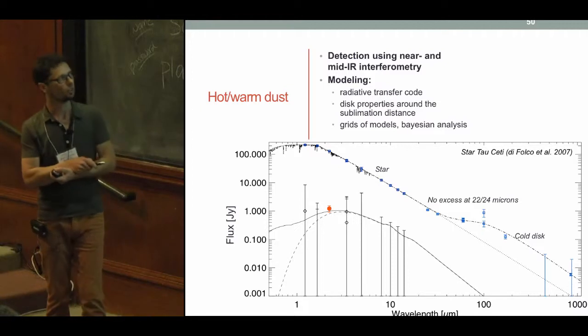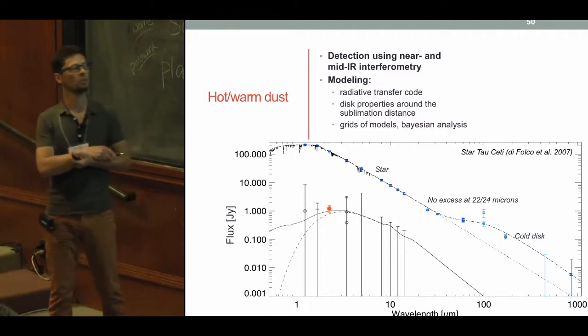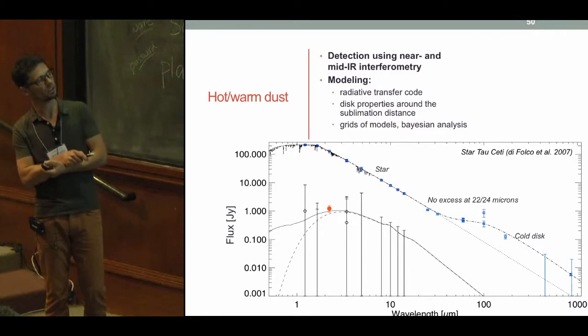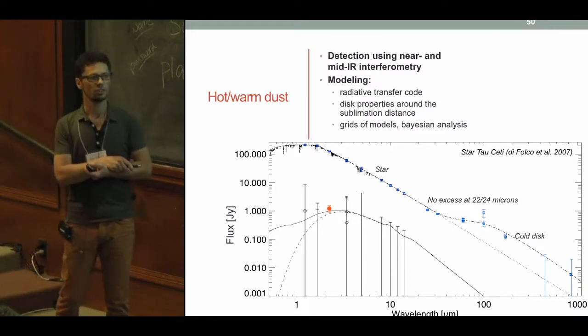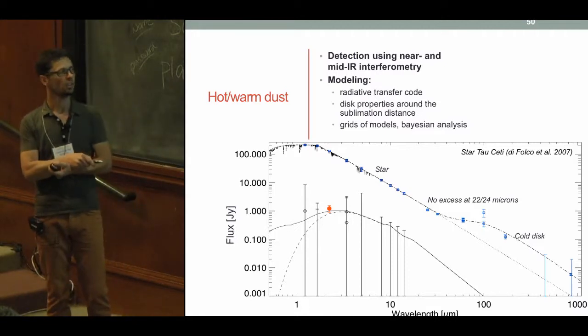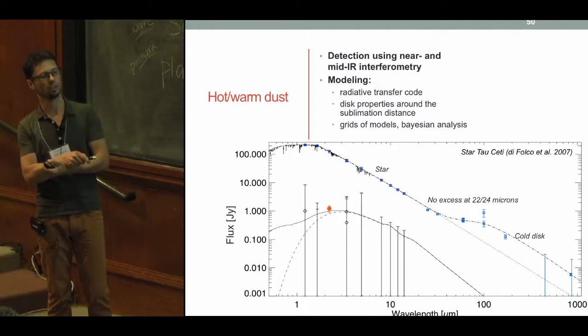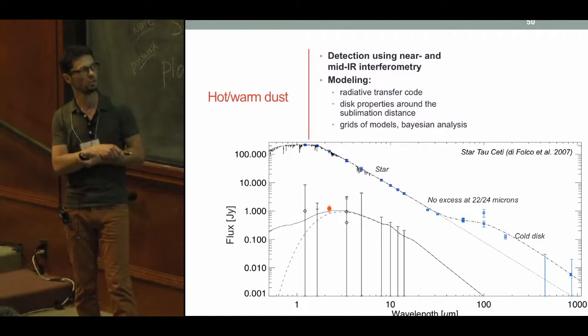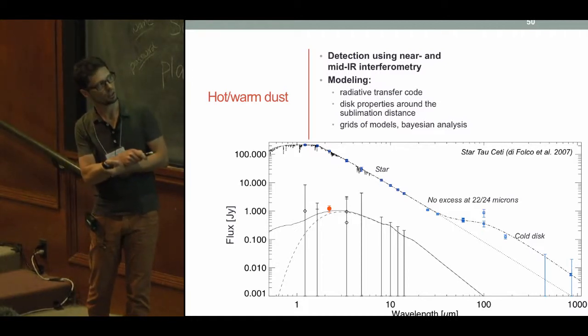The first thing is that the grains need to be very small, because the disk needs to be very hot. The peak of the emission needs to be in the infrared. If you make these tiny dust grains made of silicates only, what you will get is beautiful silicate features at 10 and 20 micron. And you would have seen them with Spitzer, and obviously we don't here.